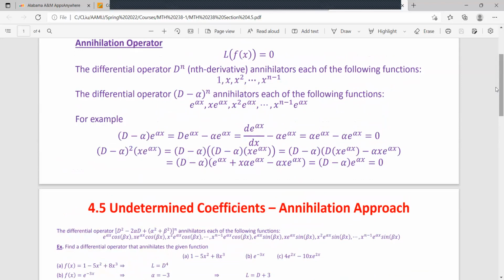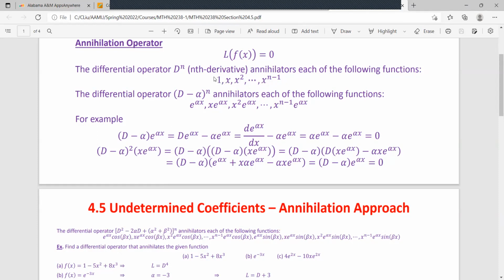Okay. So in the first question, we have a polynomial of degree 3. All the terms are polynomial functions, each term is a positive integer power function, and we know the operator d to the n will annihilate all of those power functions up to x to the n minus 1.